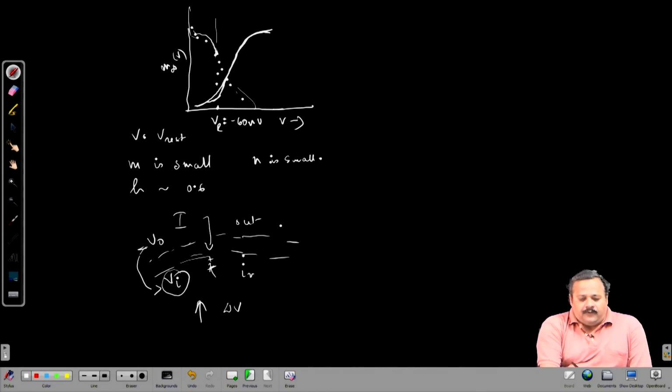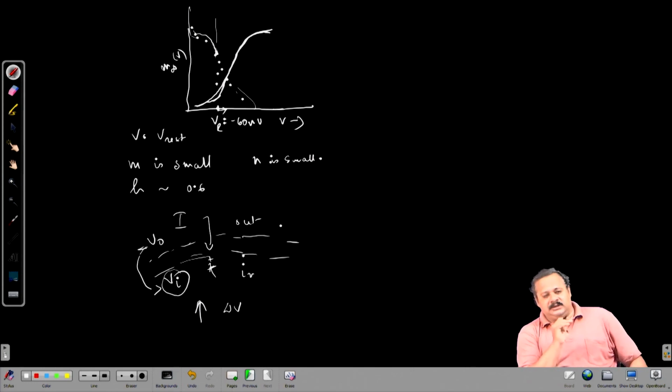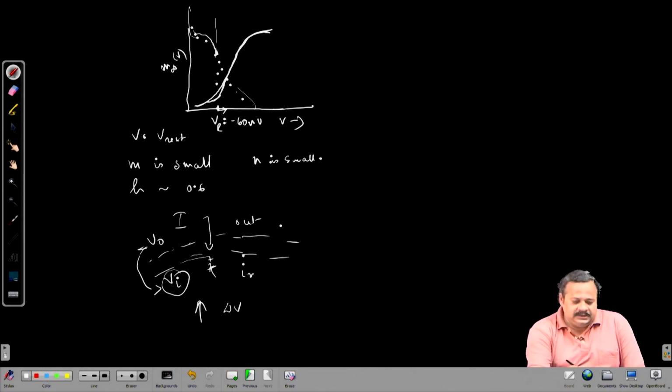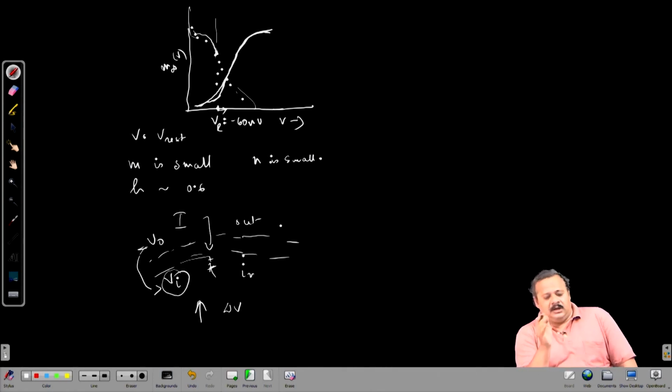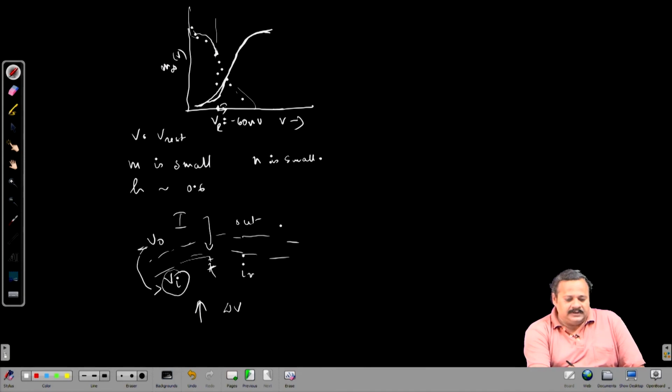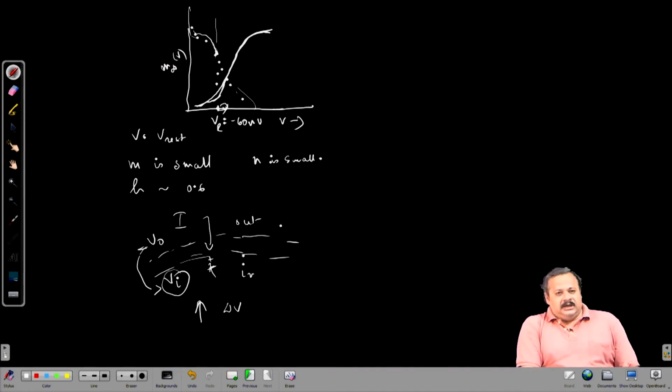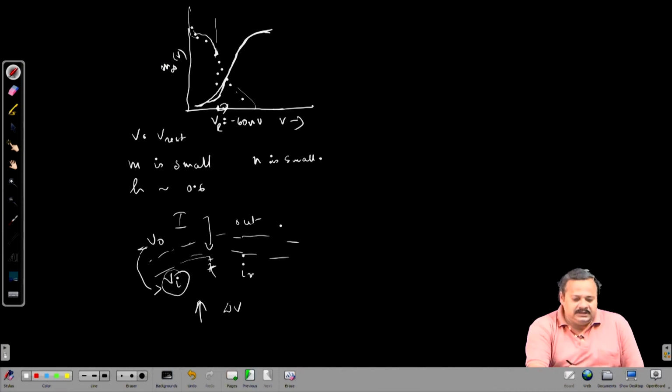So, from V rest, because of the current injection, the system moves to the right slightly, let us say. So, what happens is that because of this movement to the right, this small depolarization, which is the increase in voltage, there is an increase in value of m.